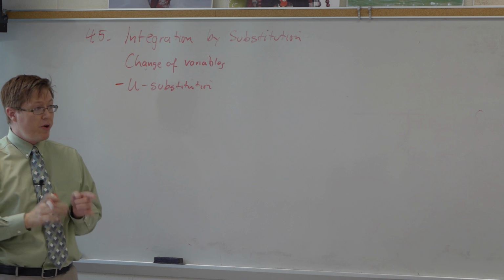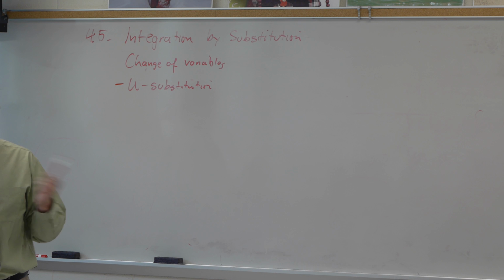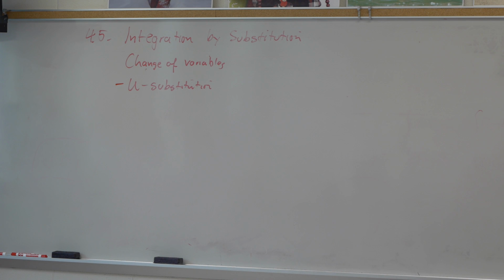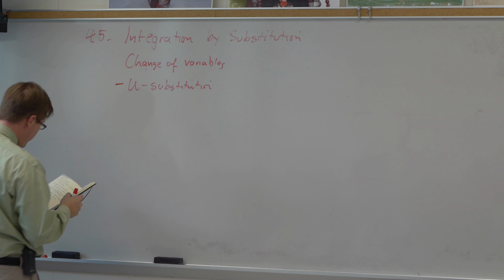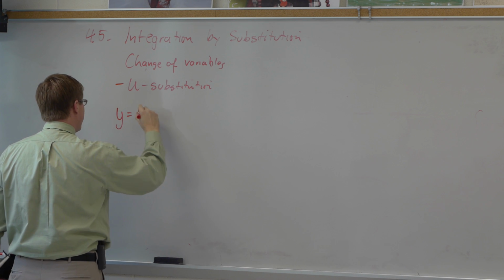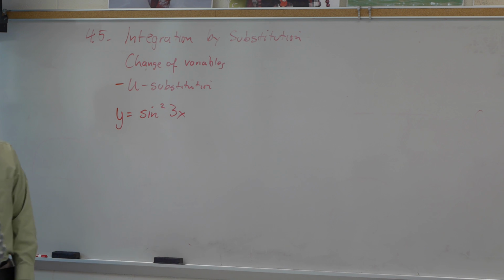And the way I'm going to motivate this is start with a derivative, and then we'll integrate it. And the derivative I want to look at is this. Let's look at y equals sine squared of 3x.